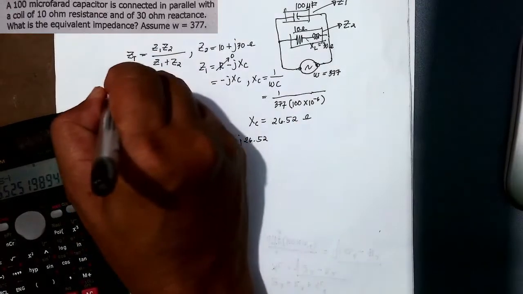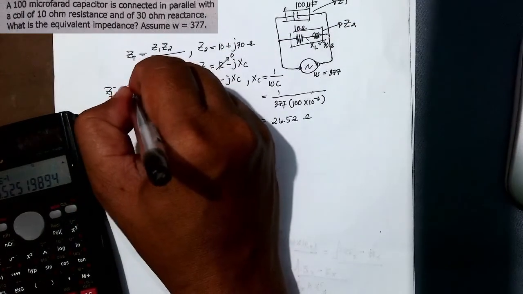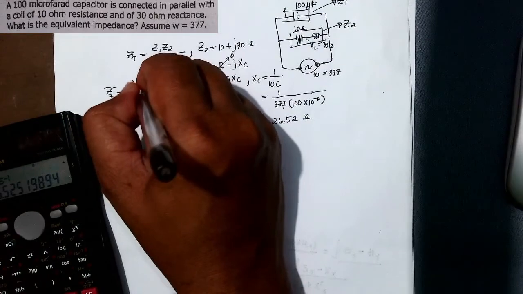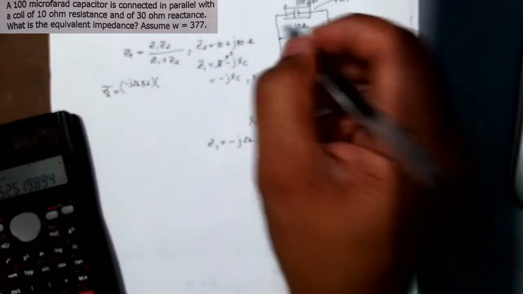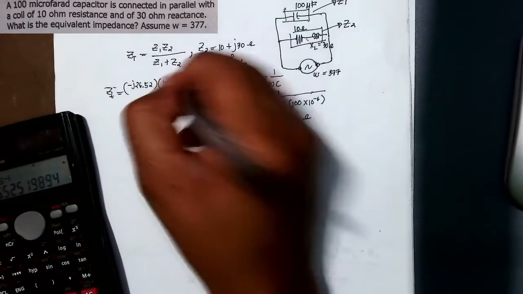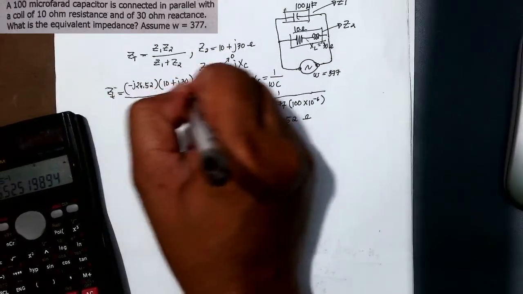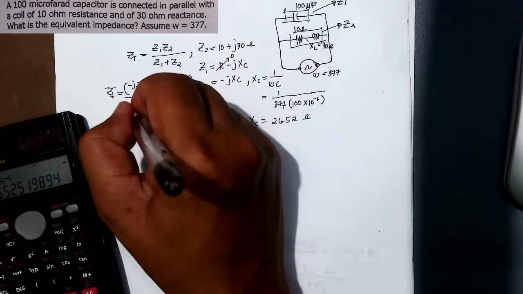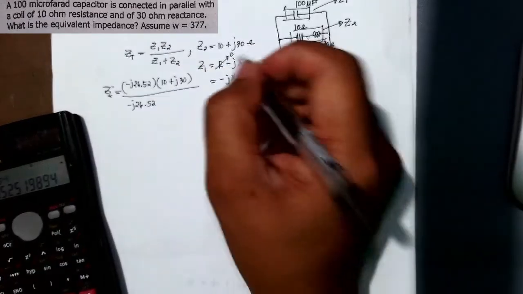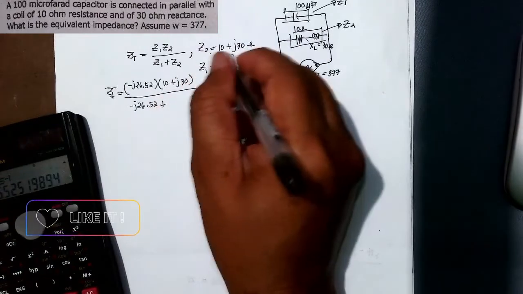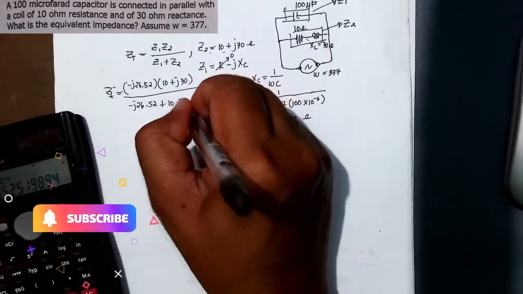So your Z sub T: your Z sub 1 is negative J 26.52 times Z sub 2, which is 10 plus J 30, all over Z sub 1, which is negative J 26.52, plus Z sub 2, which is 10 plus J 30.